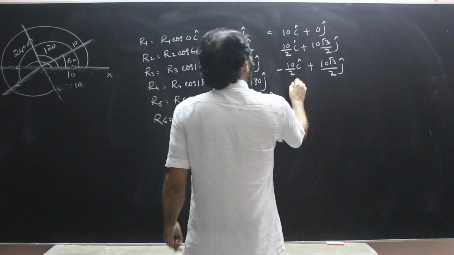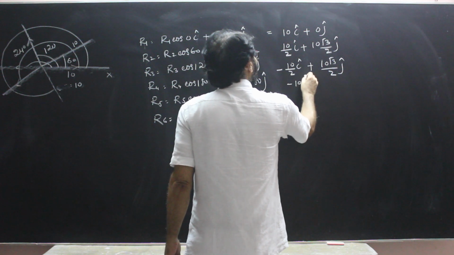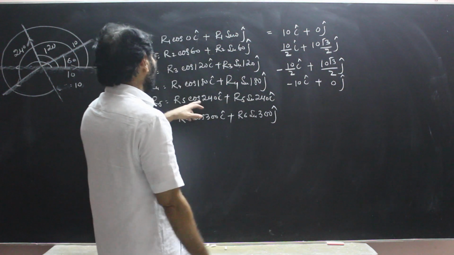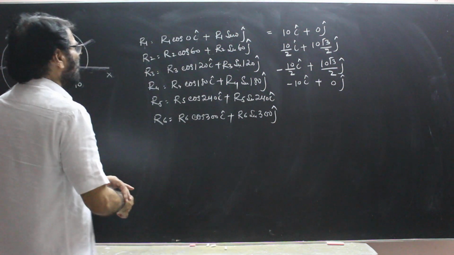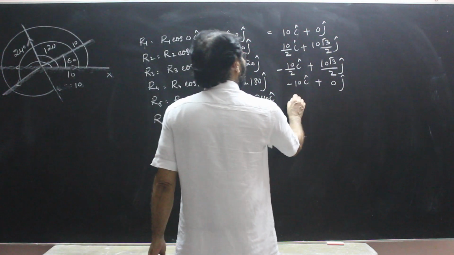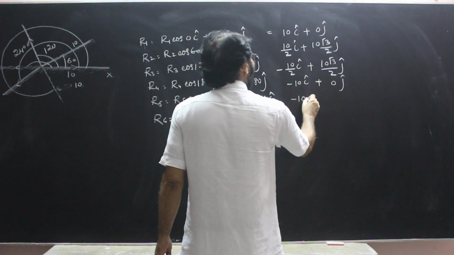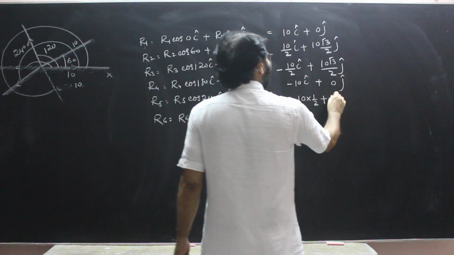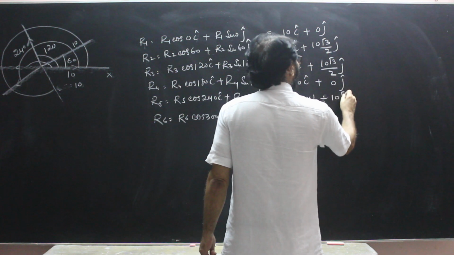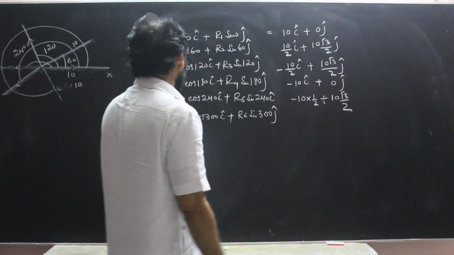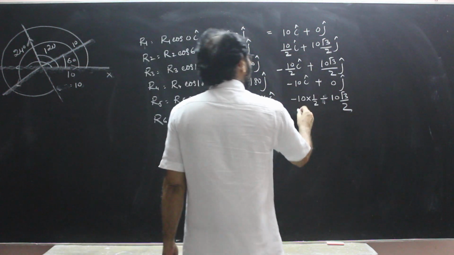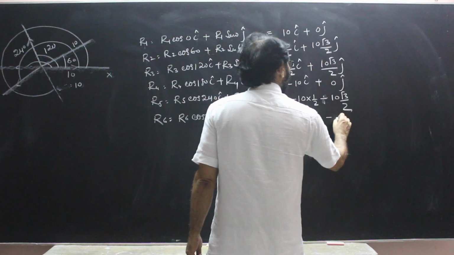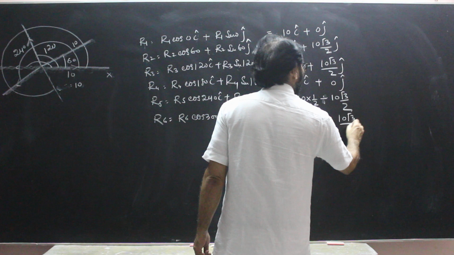Again minus 10i plus 0j, and 240 is in the third quadrant where both are negative, so it is minus 10 half and minus 10 root 3 by 2. In the fourth quadrant it is positive 10 half and minus 10 root 3 by 2.